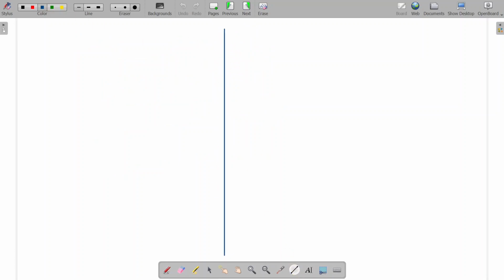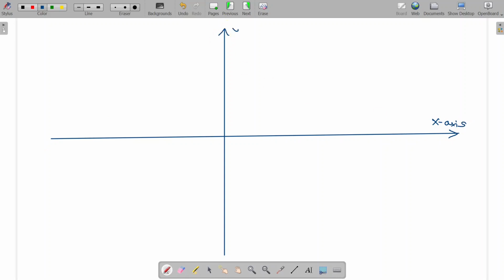This is the y axis, this is the x axis. Now we will take the scale here. So that is 1, 2, 3, 4, 5, 6, 7, 8.